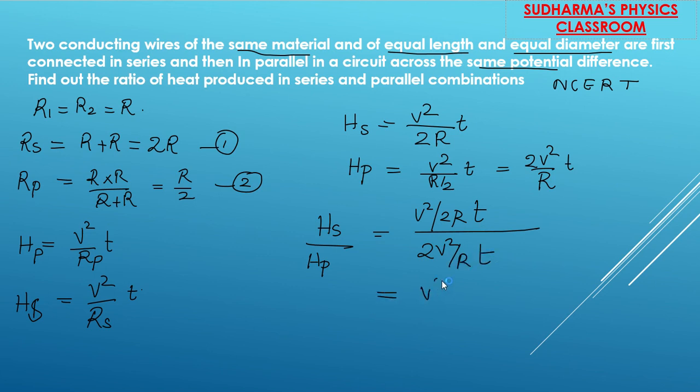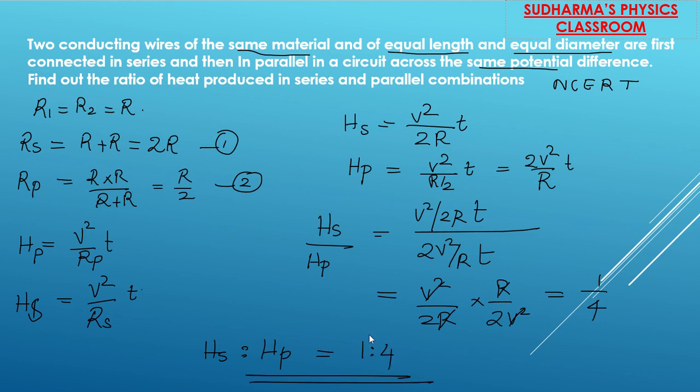So this is V square by 2R, into R in the numerator, divided by 2V square. So R cancels, V square and V square cancel, and we get the ratio 1 by 4. So heat produced in series is to heat produced in parallel is equal to 1:4.